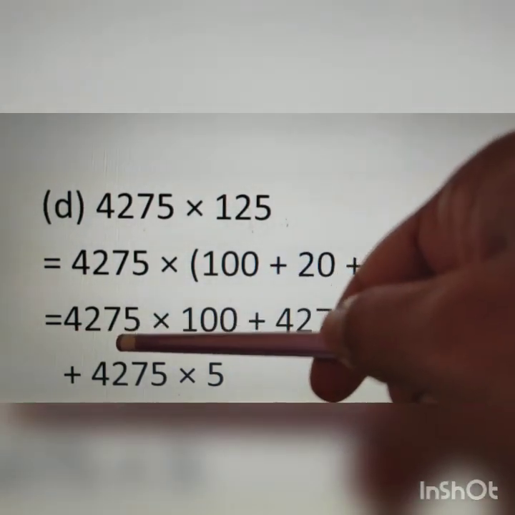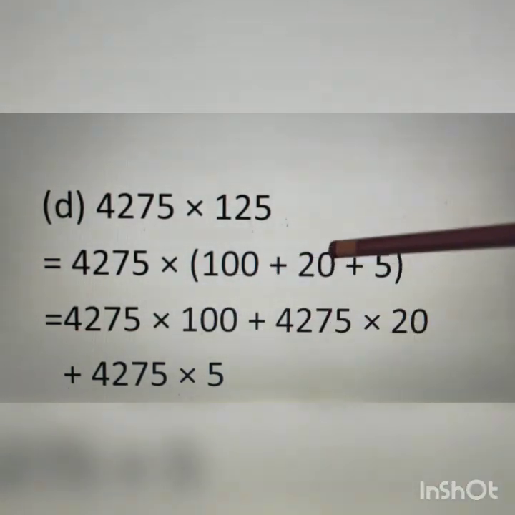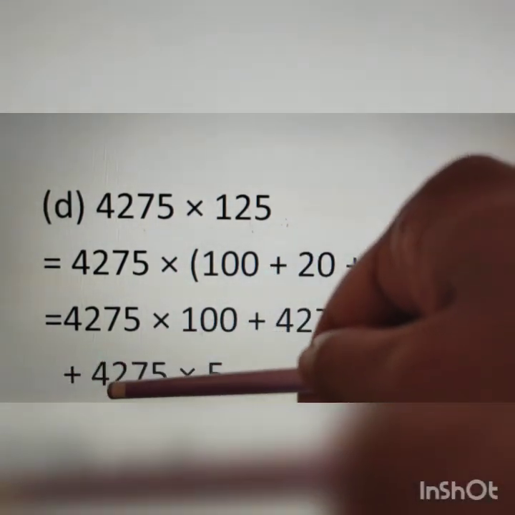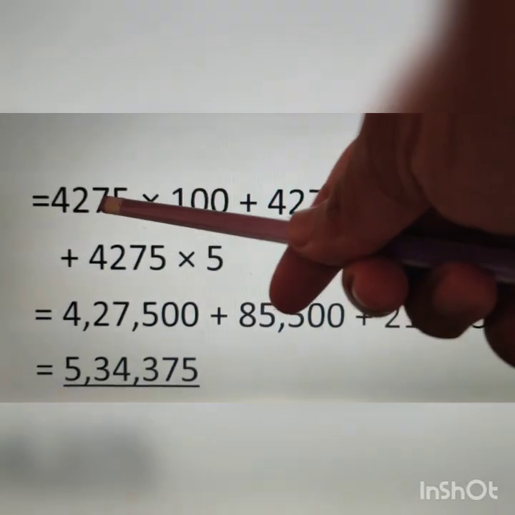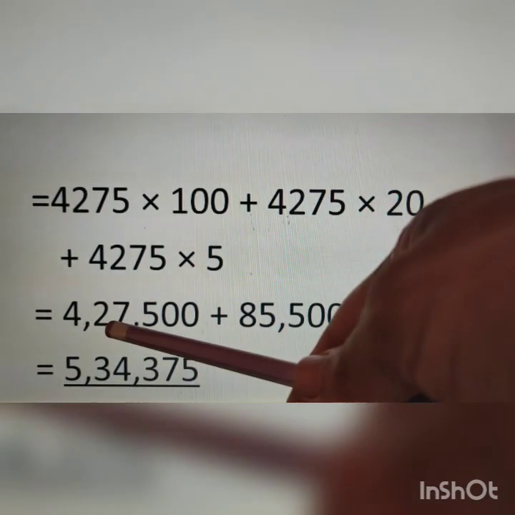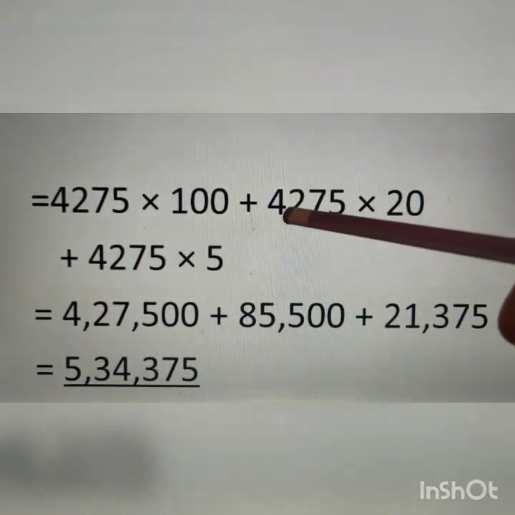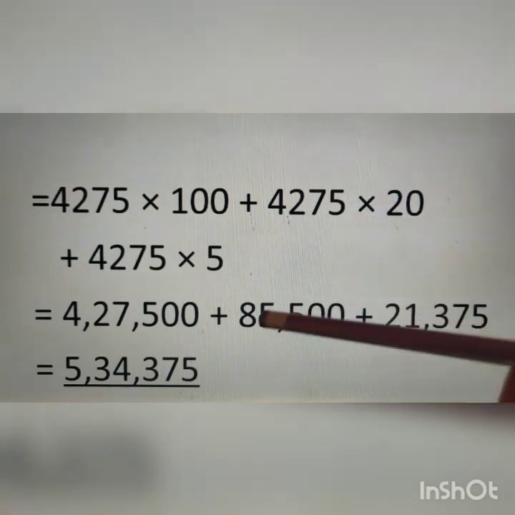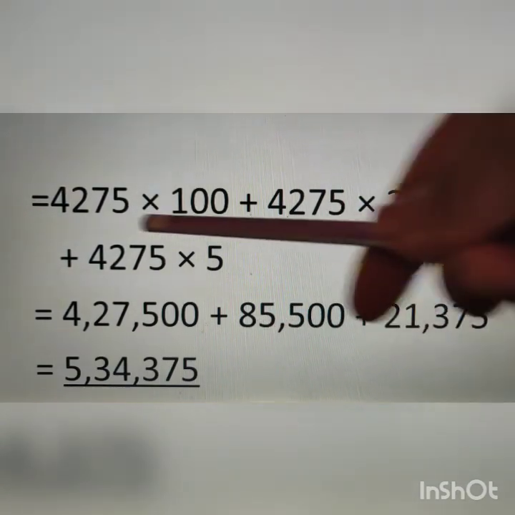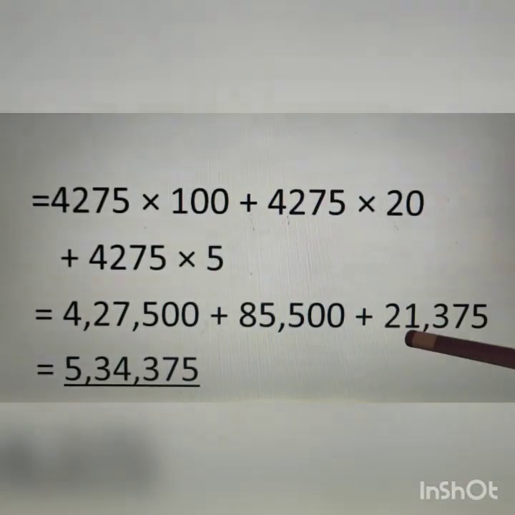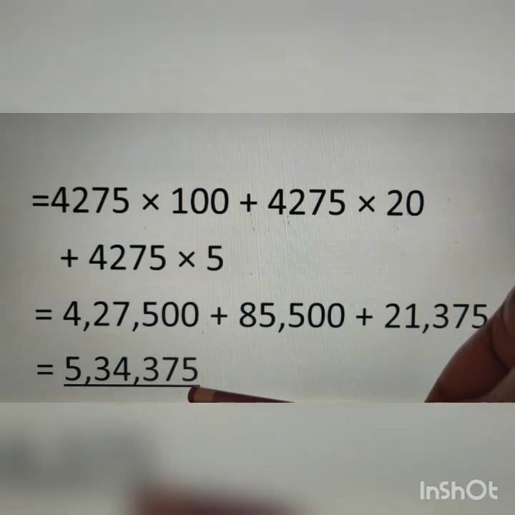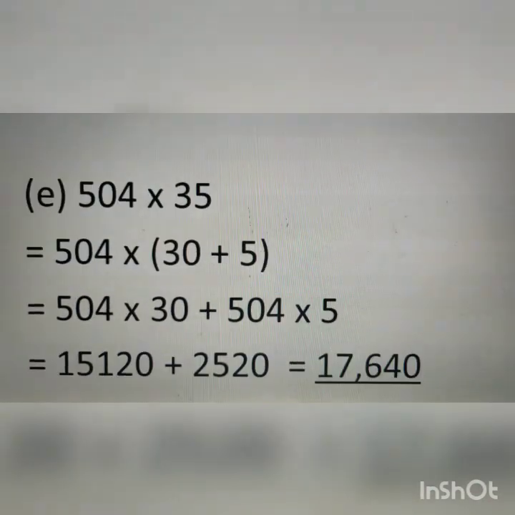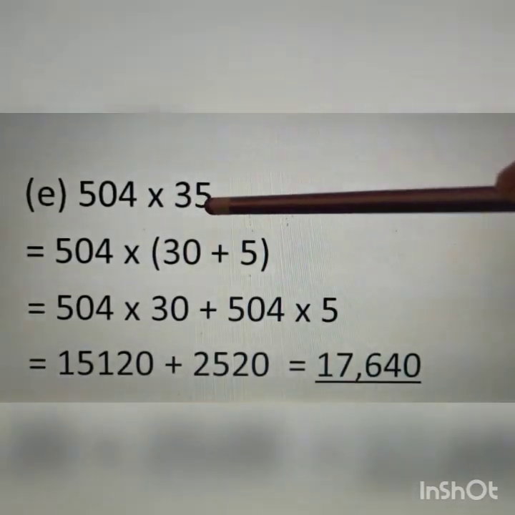Therefore 4275 into 100 plus 4275 into 20 plus 4275 into 5. Therefore 4275 into 100 is 4,27,500 plus 4275 multiplied by 20 is 85,500 plus 4275 multiplied by 5 is 21,375. Therefore, total is equal to 5,34,375.